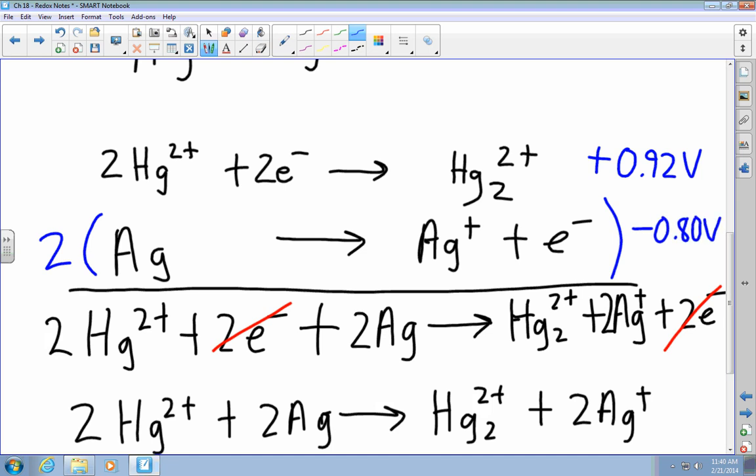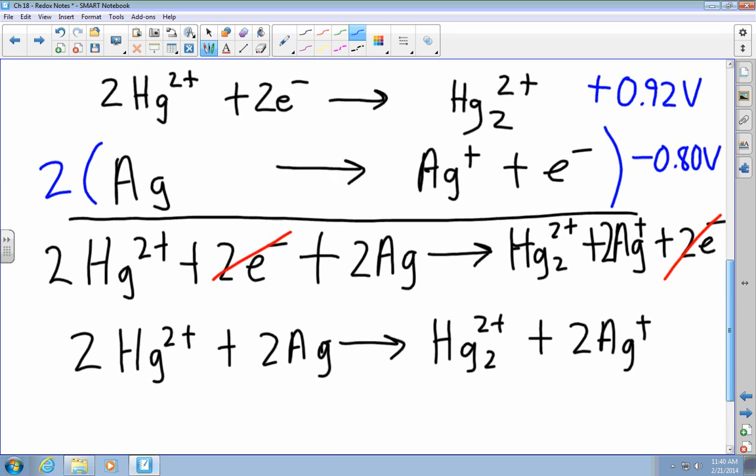One difference from delta H is whenever we multiplied a reaction in delta H, we multiplied the value of the delta H as well, but you don't for the potential. So the driving force is the same whether you do it once or you do it twice or 3 times. The driving force, which is what the voltage is, is still the same. So when you add those two up, what do you get?